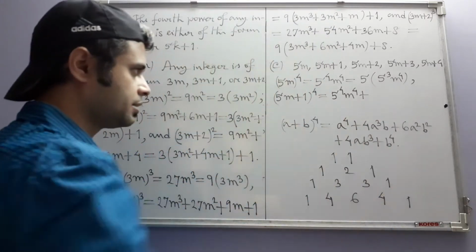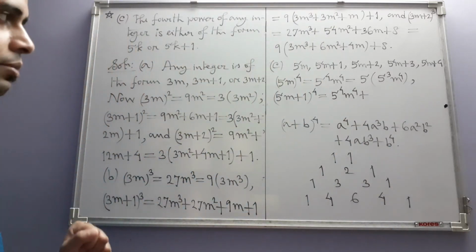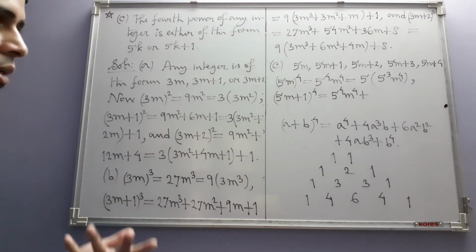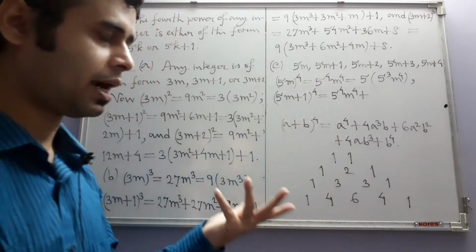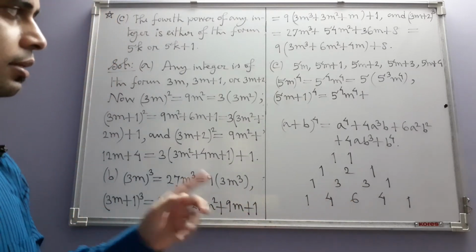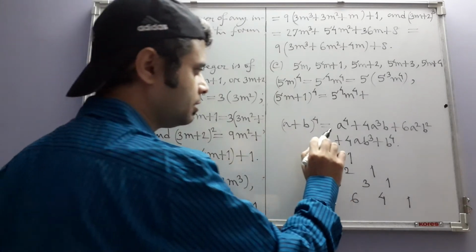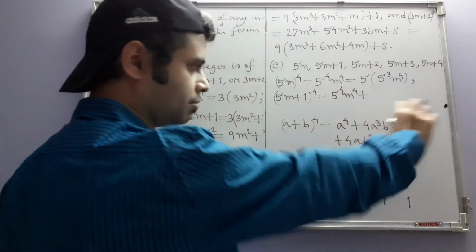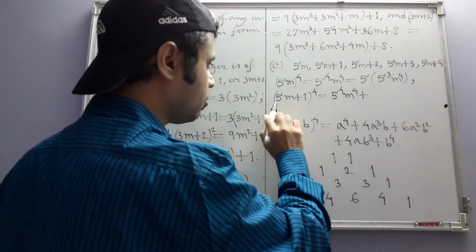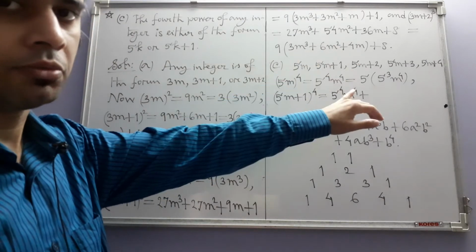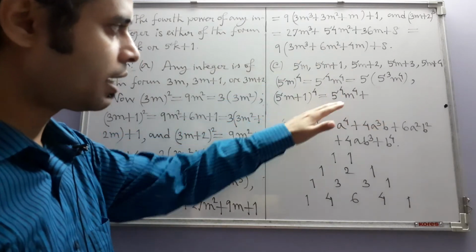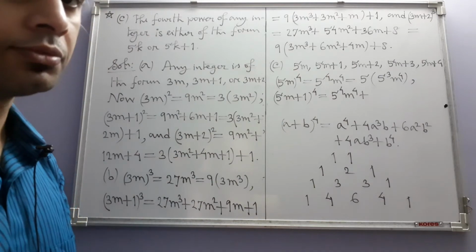Once you have done these expansions enough number of times, you will develop an understanding of the ultimate form of the integer. You can see that in this expansion that we are going to write now, all the terms except the last one, which is going to be 1 to the power 4, are multiples of 5.